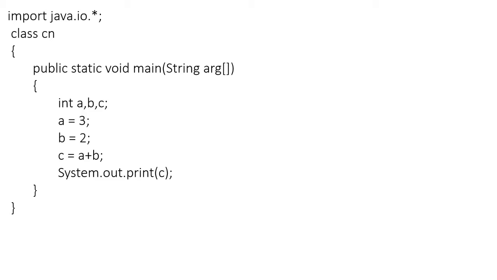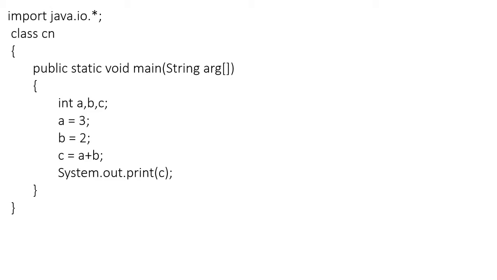The first one is A, the second one is B, and the third one is C. Right now in this program, A has the value 3, B has the value 2, and C will add these two values, the values of variables A and B, and it will hold the value 5 and print 5.